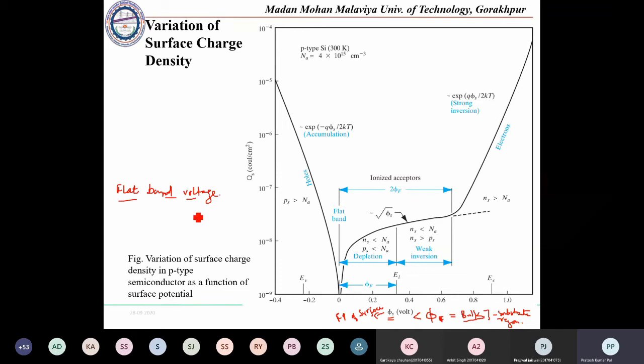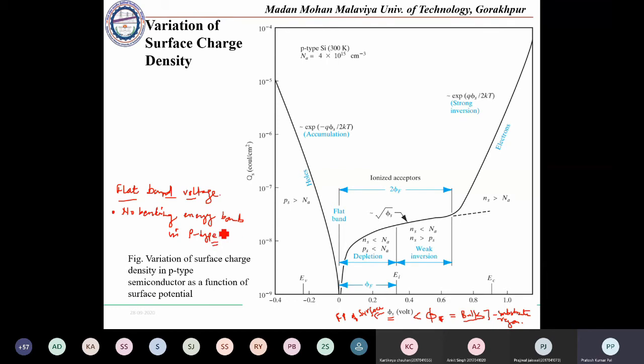This flat band voltage is the voltage that should be applied to the gate terminal so that there will be no bending of energy bands in the semiconductor region, the p-type region. Basically, we are analyzing the p-type region here.